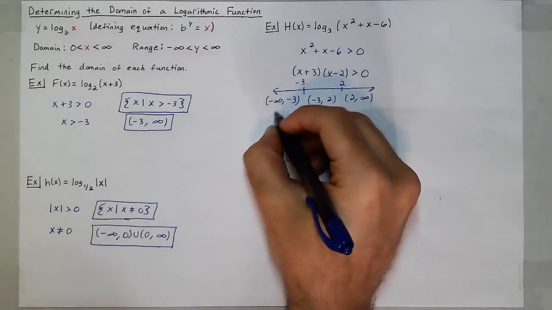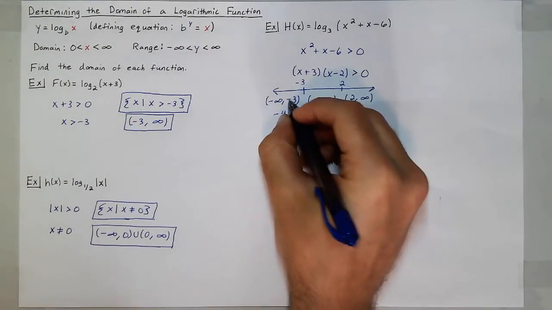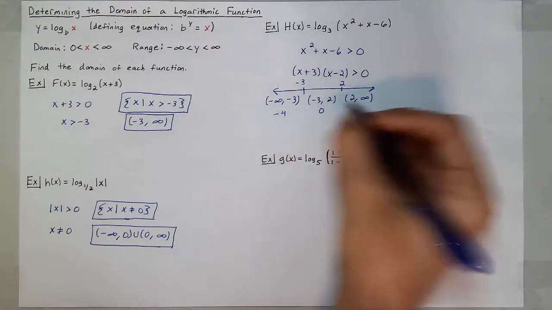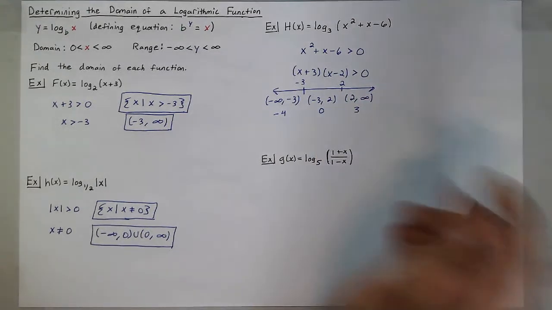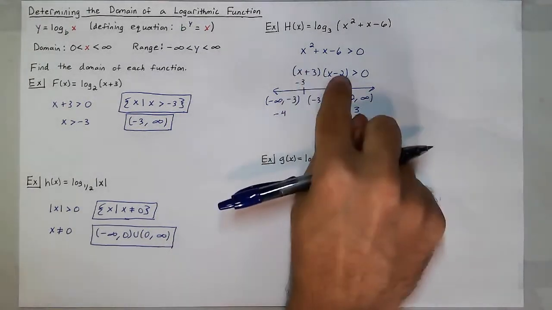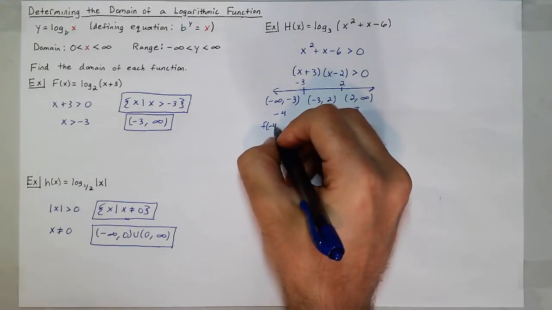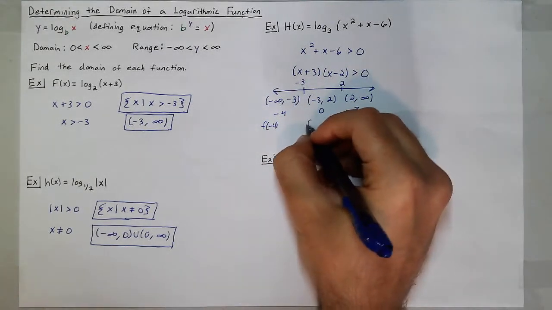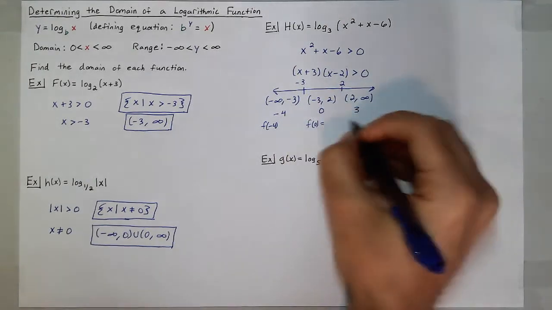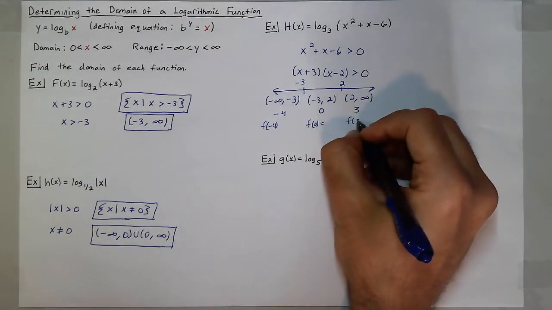So I will pick a number on each interval. So I'll use negative 4 on the first one, 0 on the second interval, and 3 on the last one, and plug all 3 of these numbers into this polynomial, which I'll call f. So look for f of negative 4, f of 0, and f of 3.